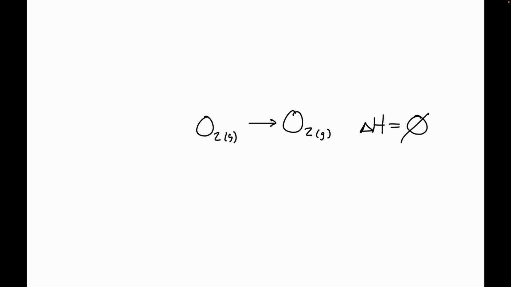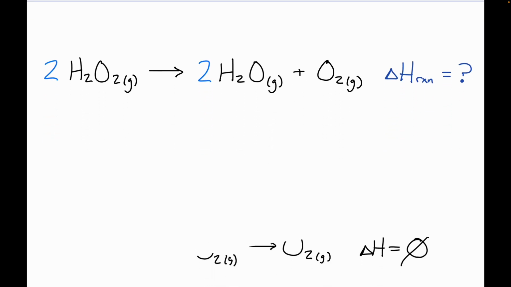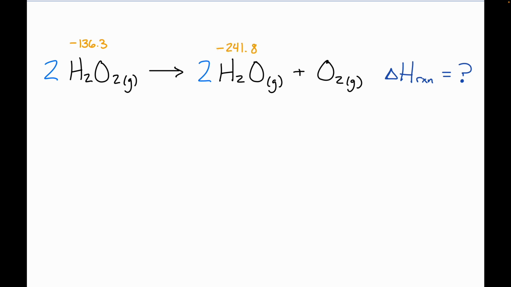So in fact, all elements in their standard state will have a delta H of formation of 0. Cool. I'm just going to annotate this up top here. We said that the hydrogen peroxide was negative 136.3, and the water vapor was negative 241.8, and oxygen was 0.